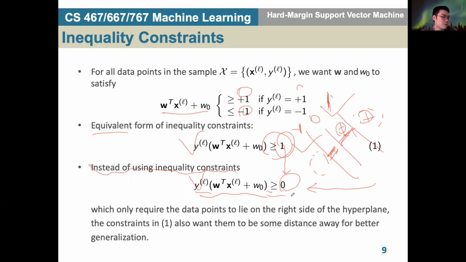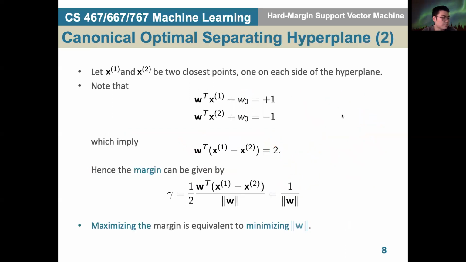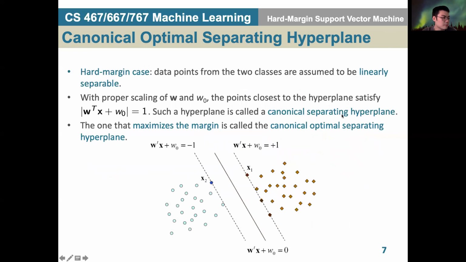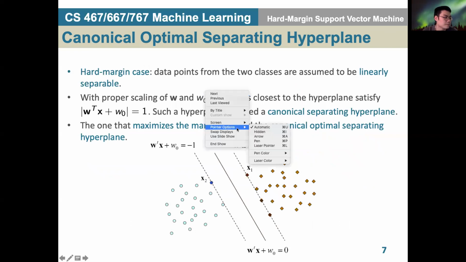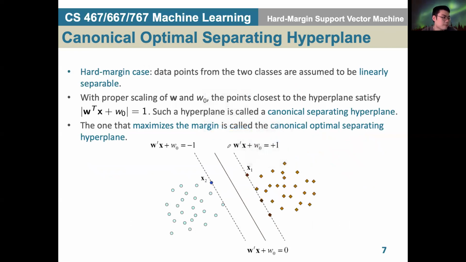So if we just use the loose one, it just requires you to be on the right side of the plane. So basically what we are talking about is, it's fine if your brown rectangle is here, as long as it's not on the other side. This is 0, and that's fine. That's the other requirement.